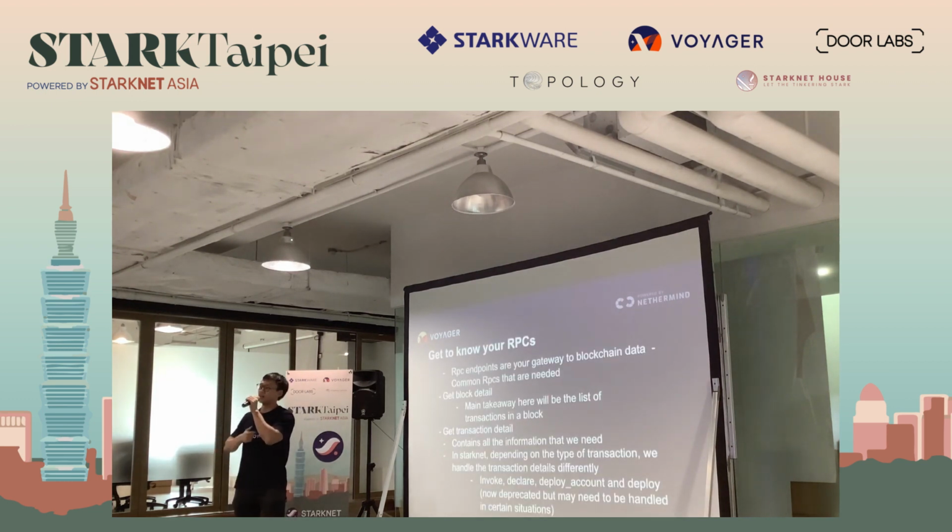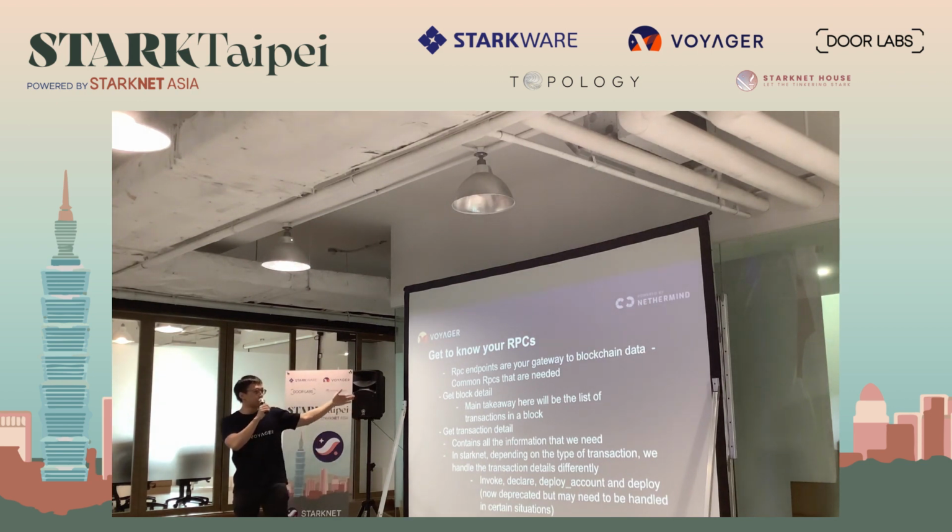Number one, to access data for a block explorer, you need to know the RPC. RPC is your friend to access the network, and RPC is your gateway to get information from the blockchain.